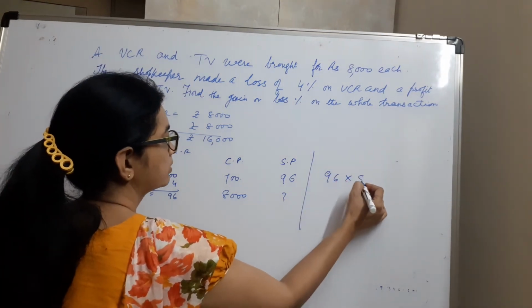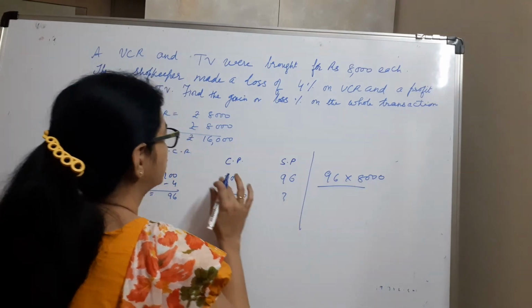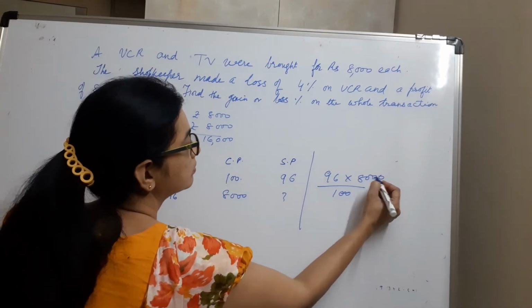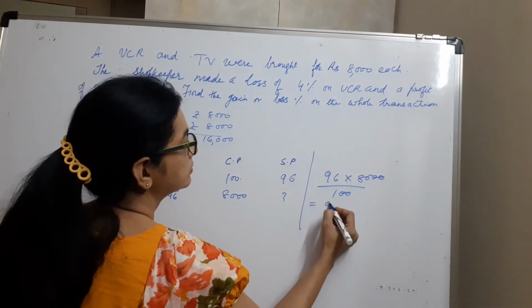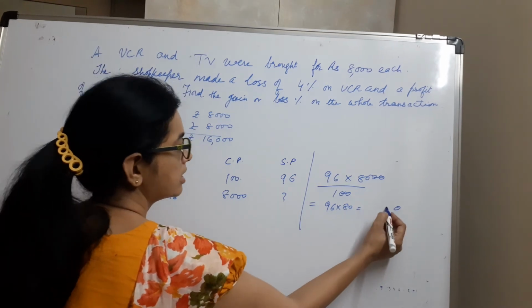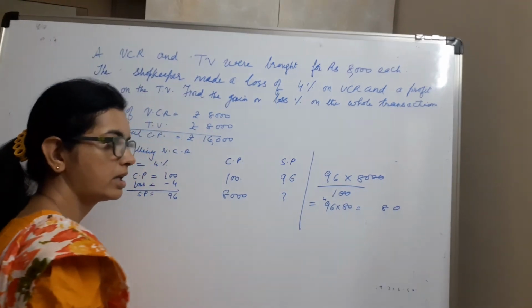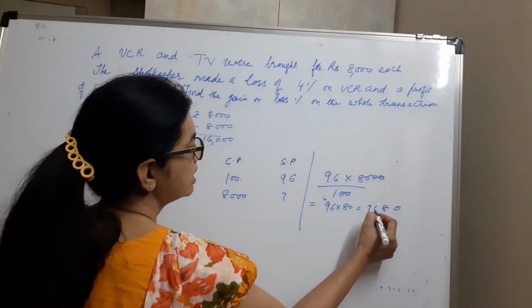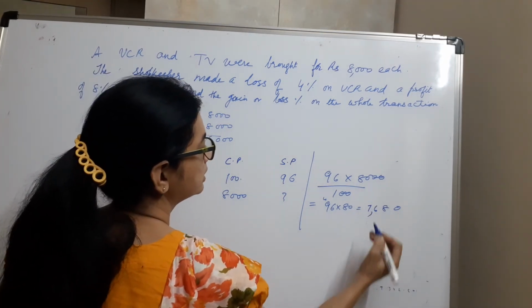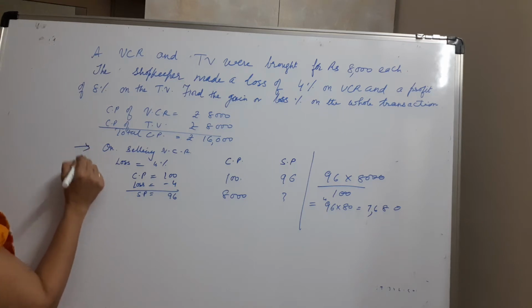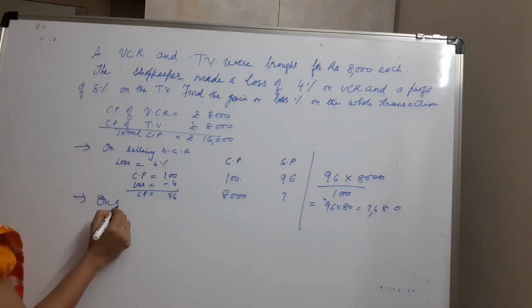Cross multiply. 96 into 80. 6 8s are 48. 9 8s are 72 plus 4, 76. 7,680. This is for the VCR.